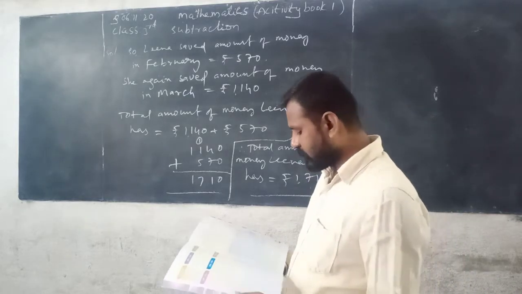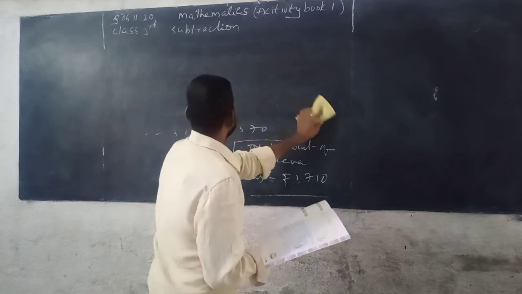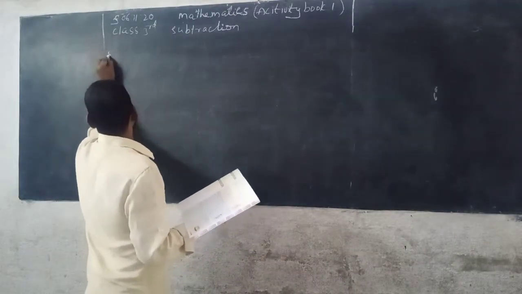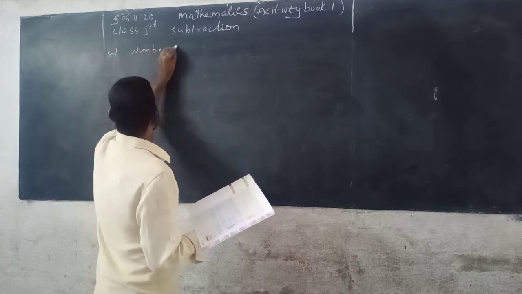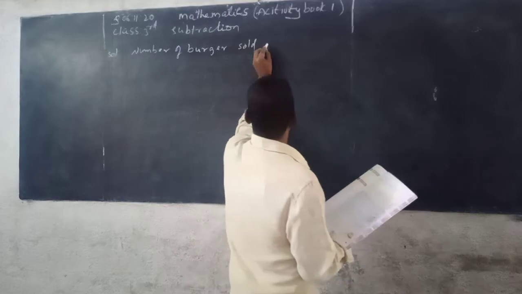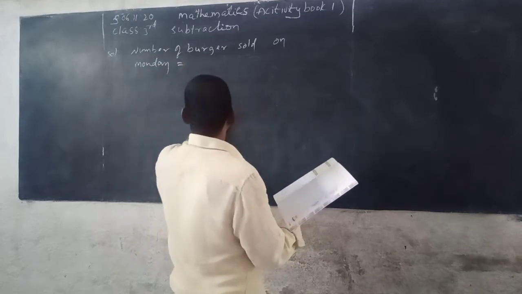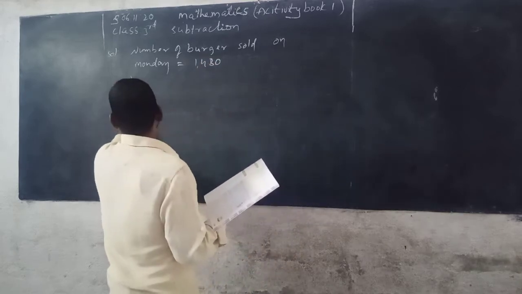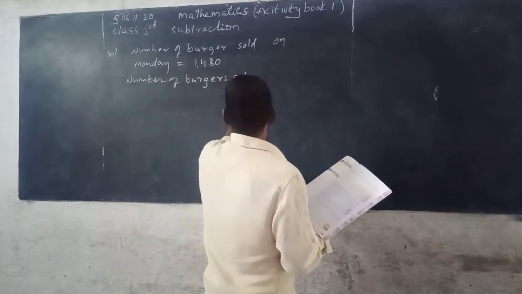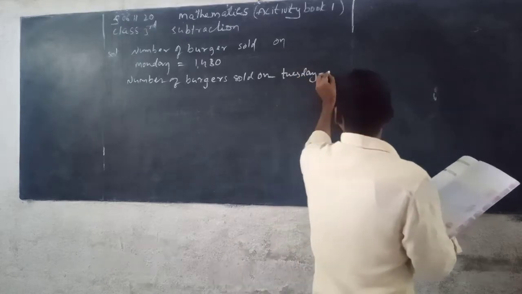See, the number of burgers sold on Monday, that is 1480. The number of burgers sold on Tuesday is equal to 2015.